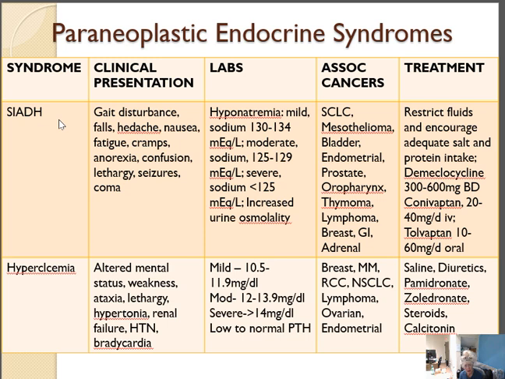Because your sodium levels are 135 to 145. So if we're right at 134, it's not really noticeable. Moderate is 125 to 129. Severe hyponatremia is less than 125 milliequivalents per liter, and you'll have increased urine osmolality, which makes sense because if all your free water is being retained in your body, then your urine is only going to excrete a higher concentration.